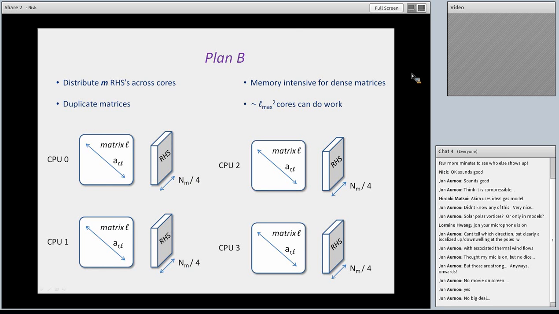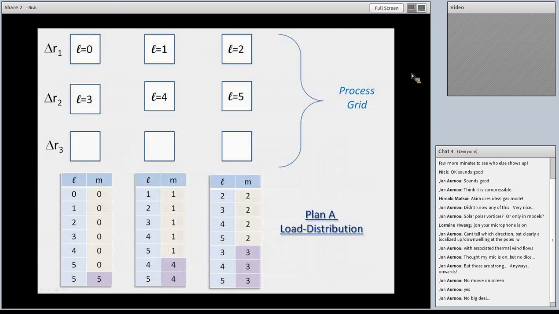And then I will distribute some of the right-hand sides for a given L to one process and some to another and still others to another process, etc. So you're doing redundant work in the sense that you're inverting the same matrix across many processors, though you are at least solving for different right-hand sides. This could be memory intensive for dense matrices, but now you have something like Lmax squared cores that can do work instead of Lmax.